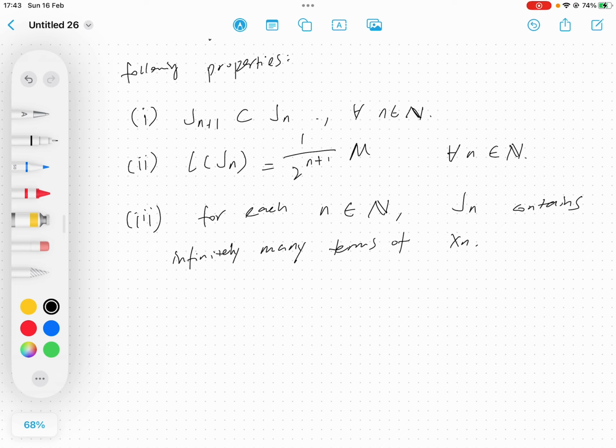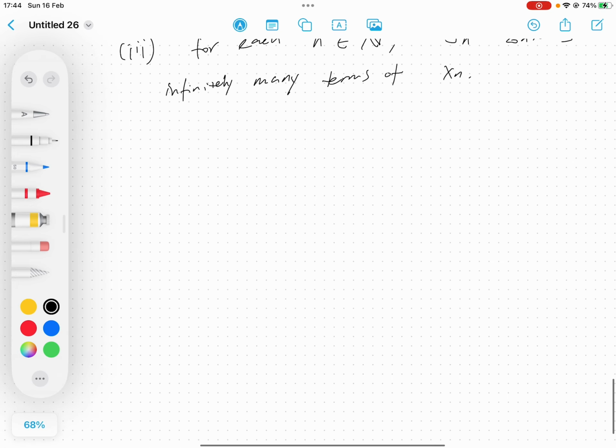Okay, good. All right, so then we are able to use the nested interval theorem. So now everything's ready.